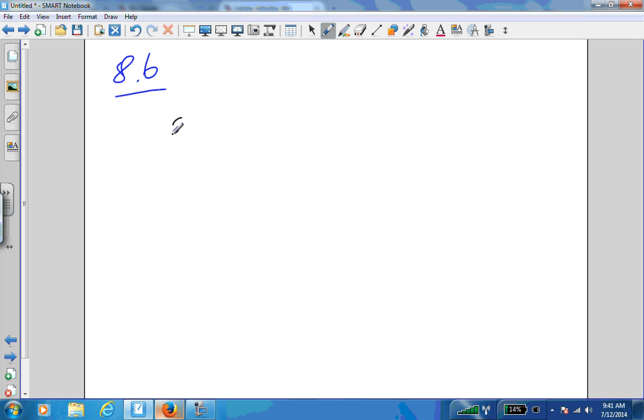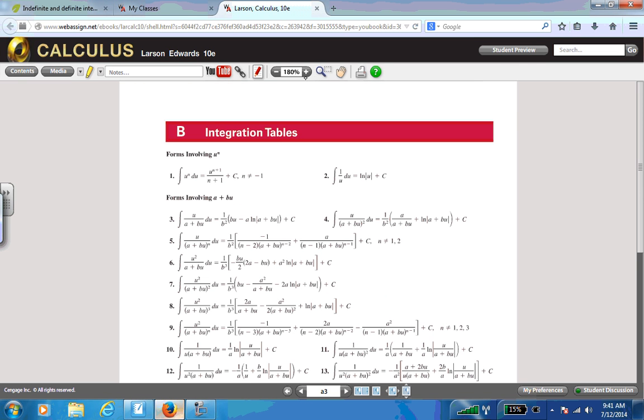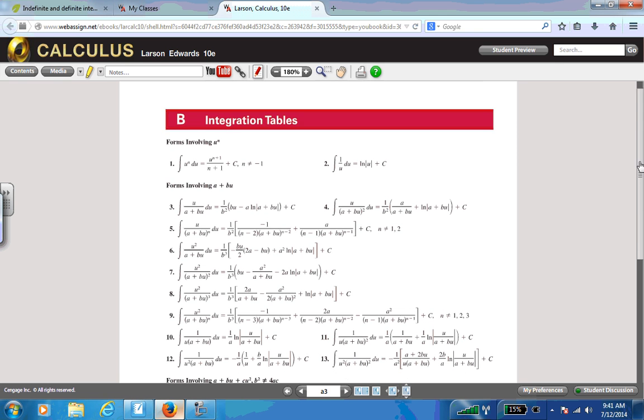So to illustrate that, let's do the integral of x squared over the square root of x squared minus 4 dx. If we look at the integration tables, you'll notice that these are arranged in groups.